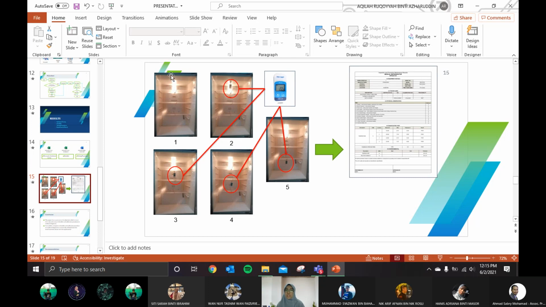Actually, this is a domestic refrigerator, not a medical refrigerator, because of some limitation, I could not go to the industry to do the testing for the medical refrigerator. So I just did it at home based on the checklist and testing procedure.